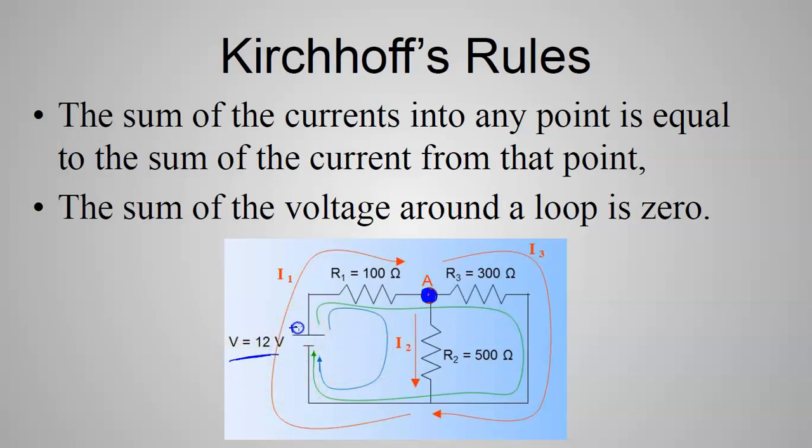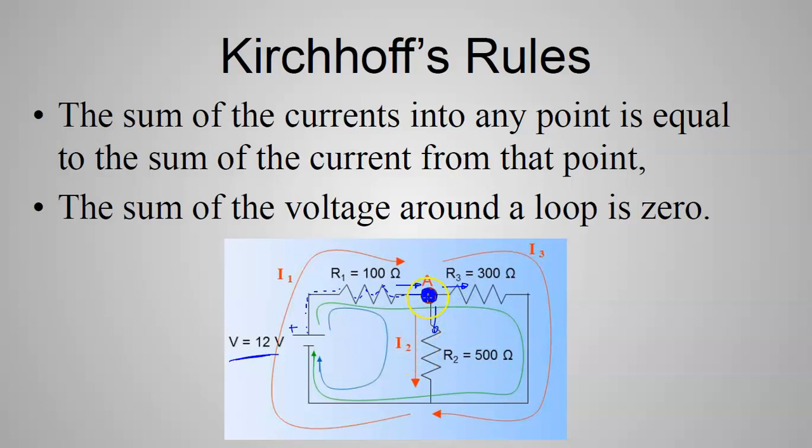Here's the positive terminal of that battery. So current is going to come out. It's going to run through the resistor here to point A. So my current's coming in to that point right there. And from that point, it either goes on this way, so current is leaving right there, or it goes this way, current is leaving there.